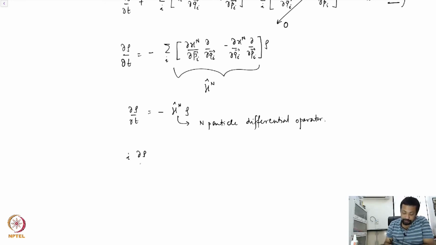Typically, this equation is recast and written as L hat n times rho, where L hat n is minus i H hat n. And this operator is called the Liouville operator, right?